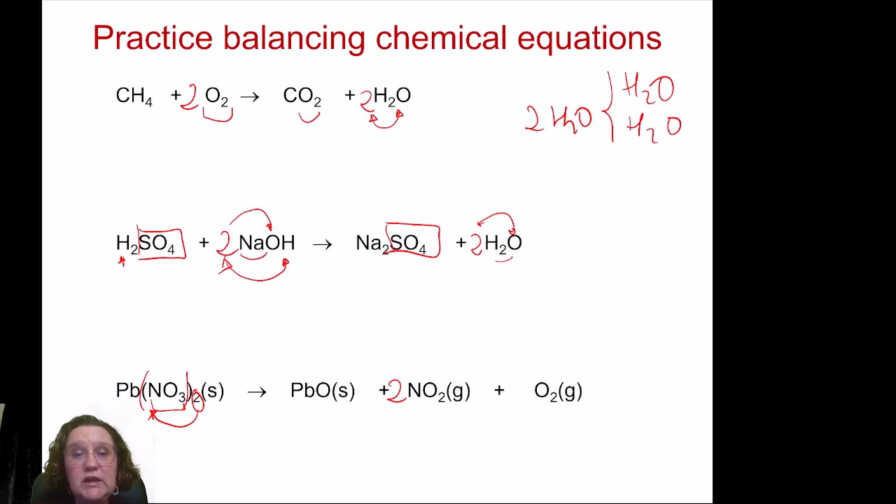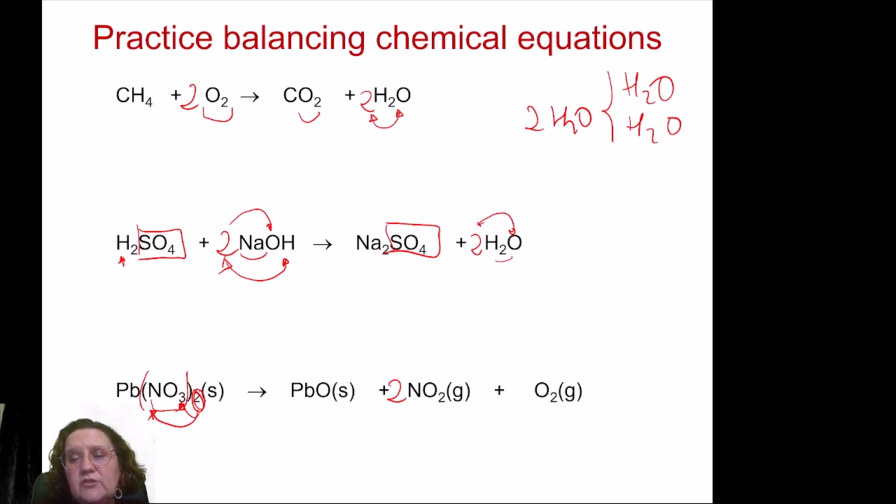And I have to deal with the oxygen and see if it's balanced or if I have to do something about it. So I go back to the left-hand side, and I look at that 2 here, that is outside the bracket where the NO3, the nitrate group is. That means I've got 2 times 3, 6 atoms of oxygen on the reagent side.